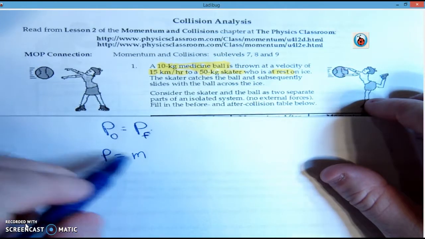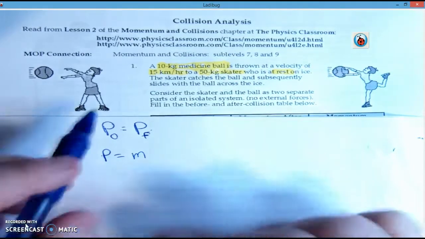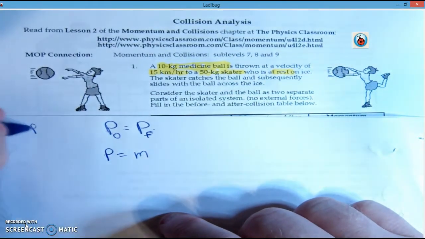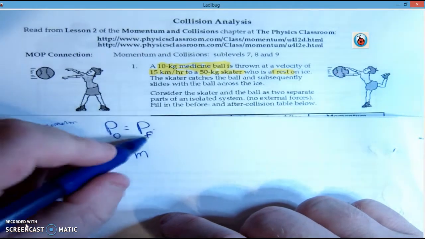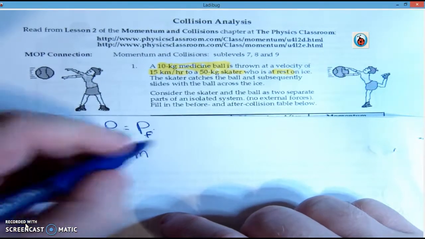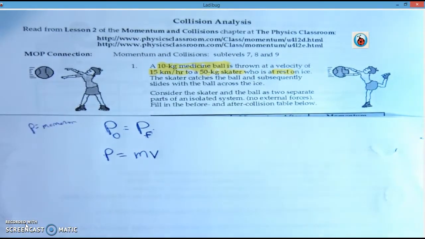Momentum equals mass. Did I call this velocity? My bad. Let me repeat all this just so it's clear. Initial momentum equals final momentum. Momentum equals mass times velocity. Okay, we're clear. We fixed that.